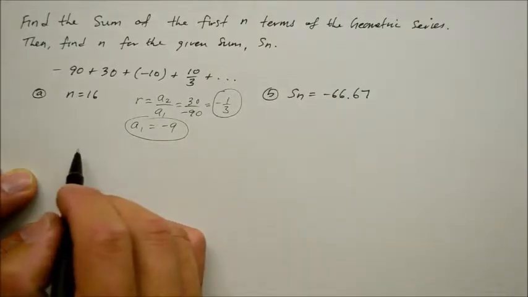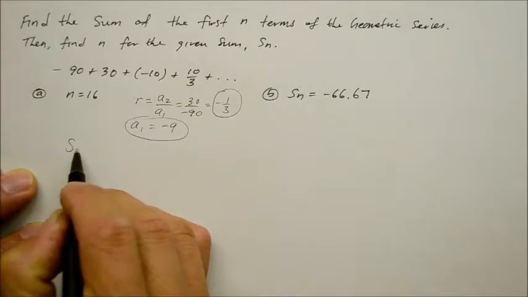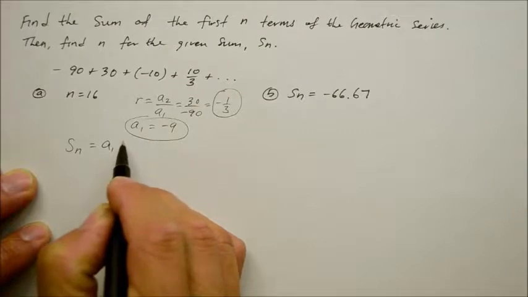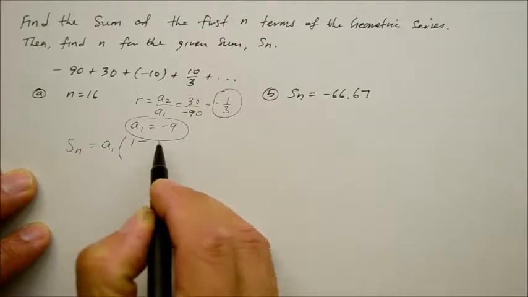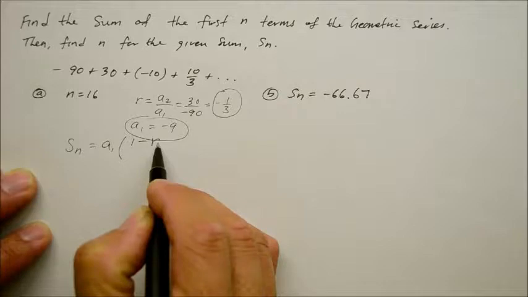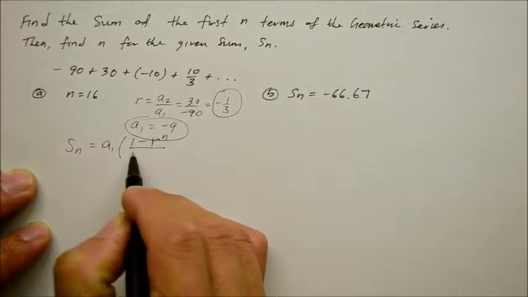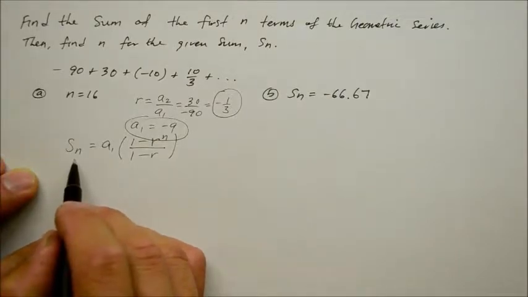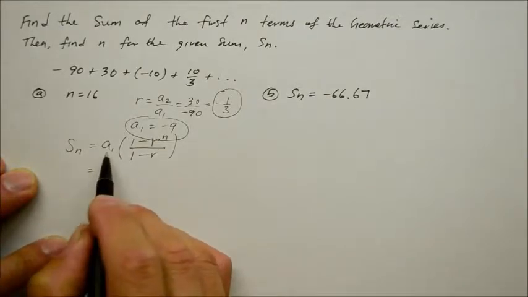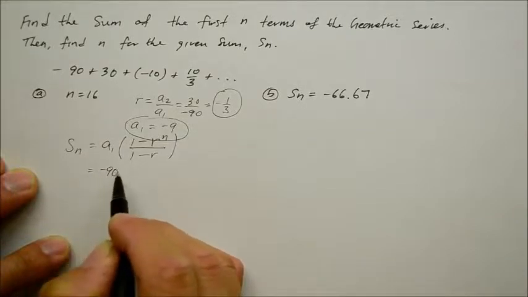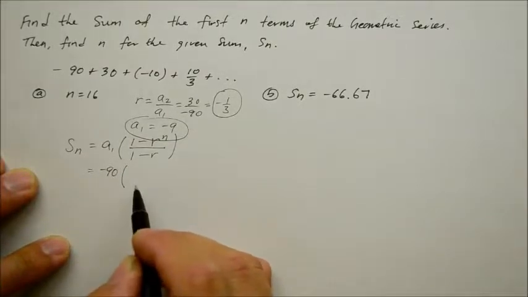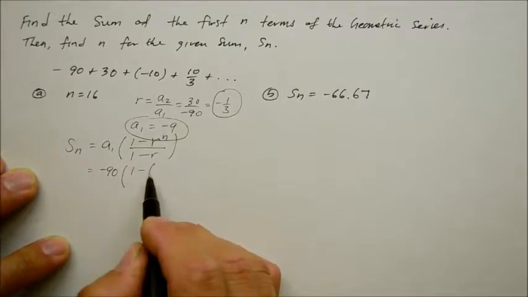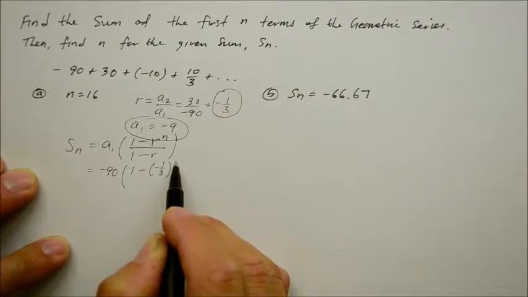To find that, we use the general rule: S sub n is equal to the first number, a sub 1, times 1 minus the common ratio r to the nth power, over 1 minus r. So we put the first number, negative 90, times 1 minus the common ratio of negative 1/3 raised to the nth power.